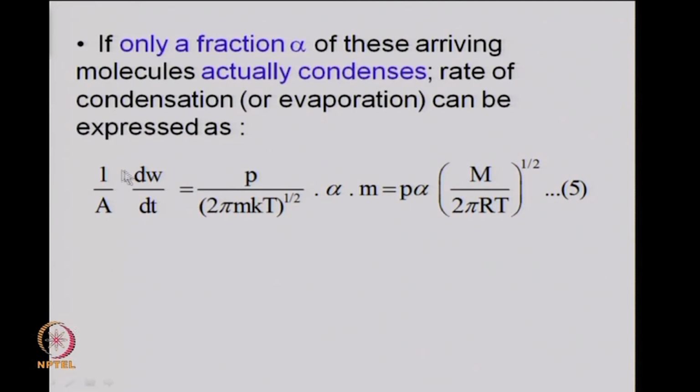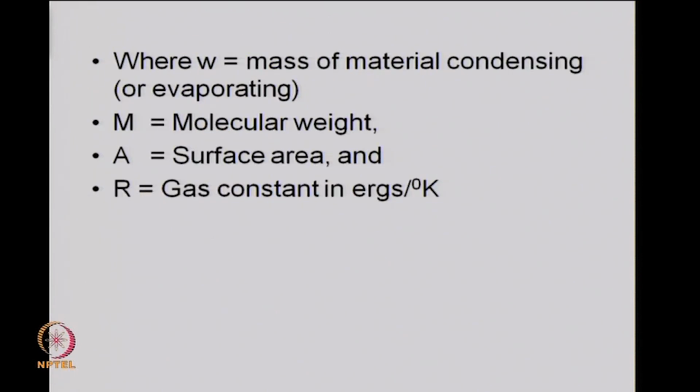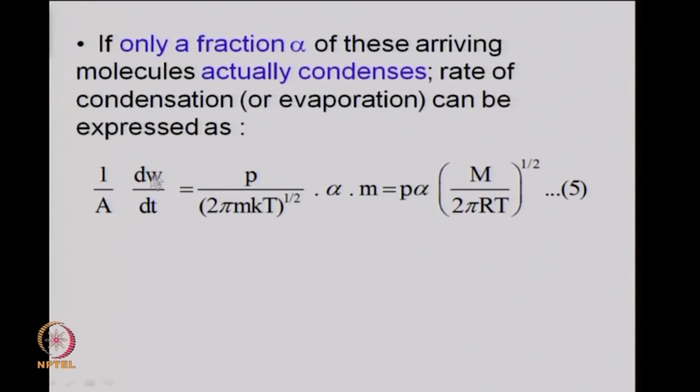So, we modify our expression for rate of mass transfer as follows: per area, the mass of material condensing or evaporating W would then give you 1 by A dW by dt as the rate of condensation. That would be equal to the total number striking per area per time, that is P by root 2 pi mkT, times alpha.